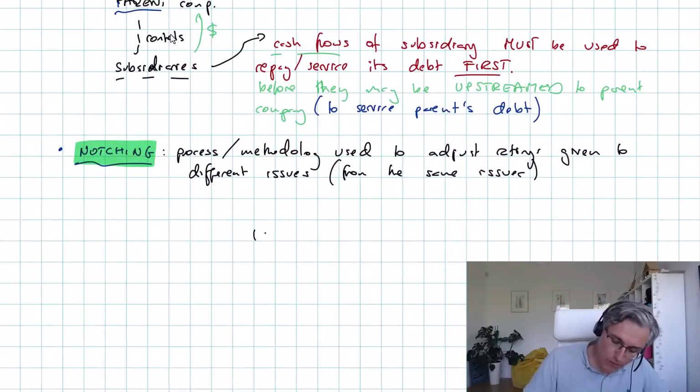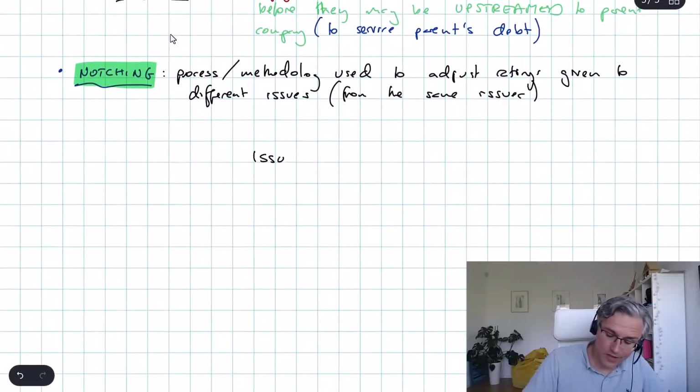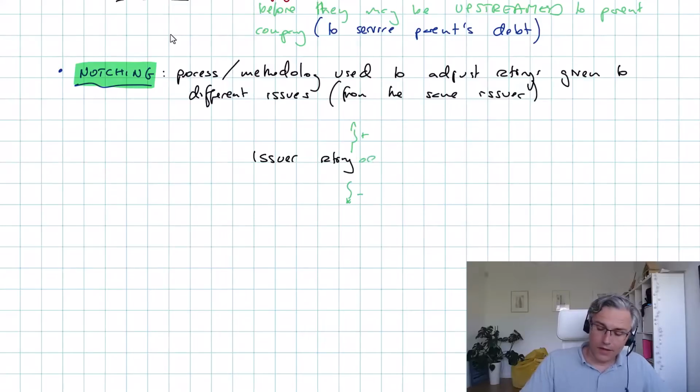So an issuer will have its own rating, but then specific issues will be either rated better or lower, right? And that process is called notching, making these upward or downward adjustments. And as we said, the rating provided to the issuer themselves is typically based on the assumption of the ranking being senior unsecured.